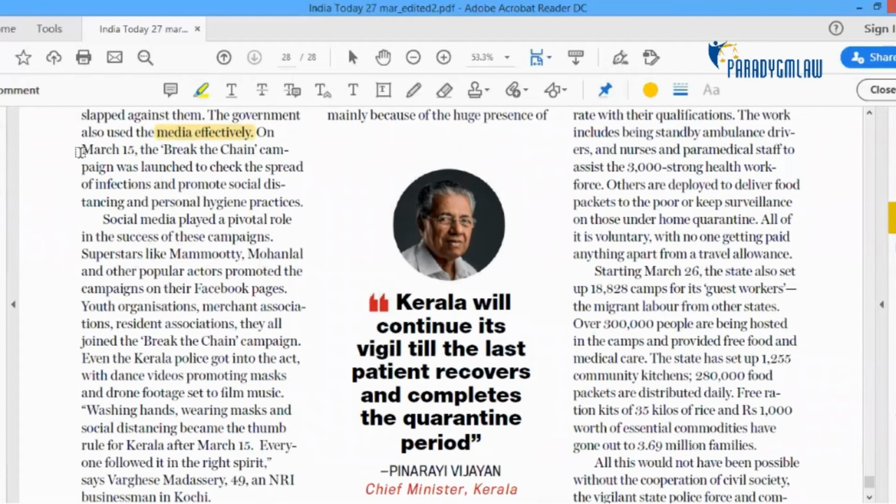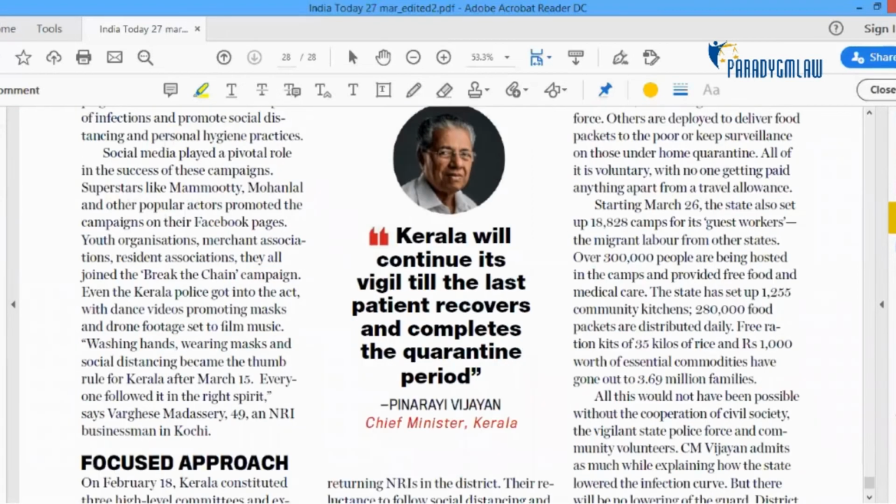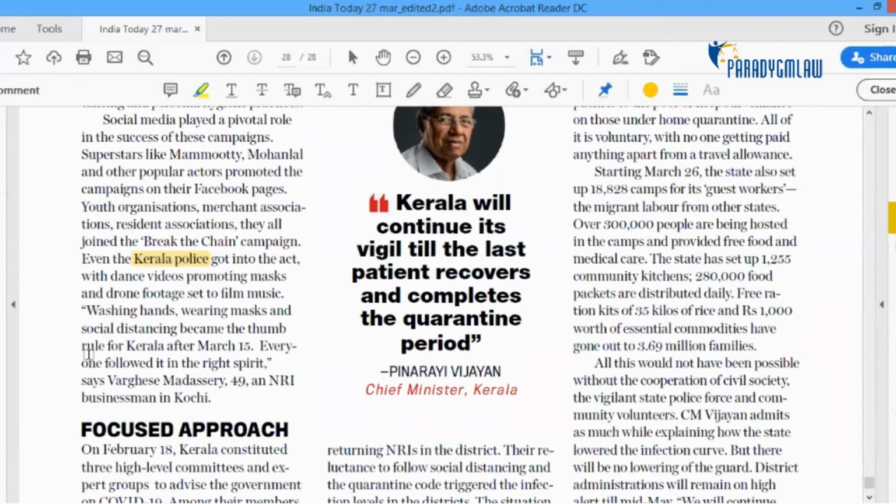So they launched Break the Chain campaign on March 15th, and they roped in some movie stars and popular actors for the campaign. The youth organizations as well as Kerala police got into this in promoting the campaign of Break the Chain.